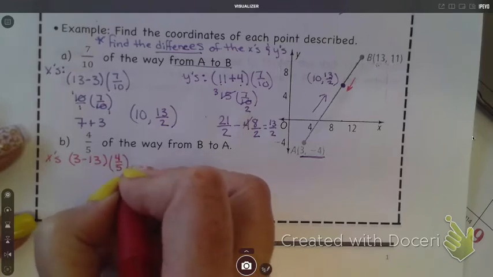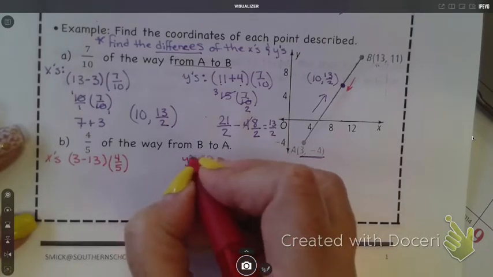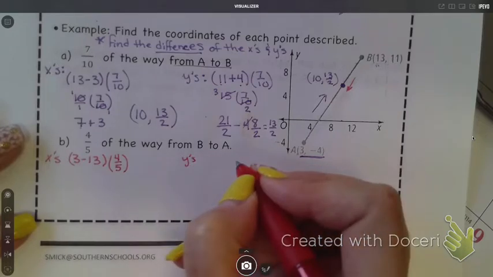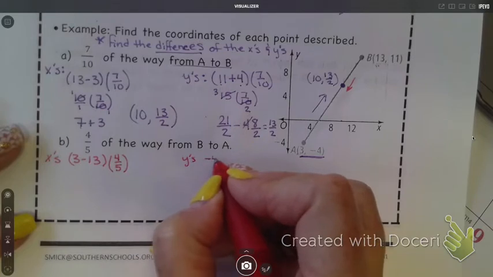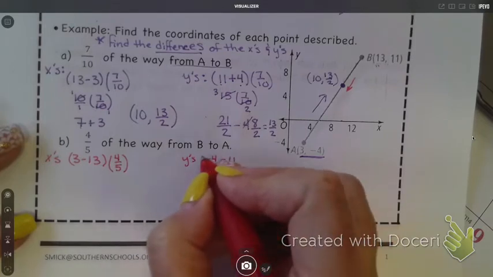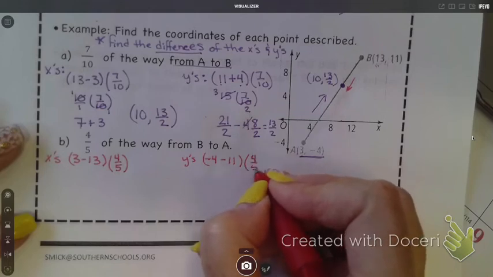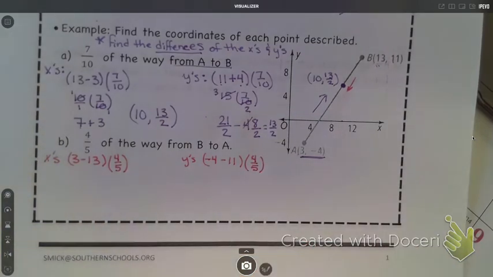And then negative 4 minus 11, that's the Y's. Yep. Negative 4 minus 11, because when we find the difference between two numbers, we take the second one minus the first one, right?